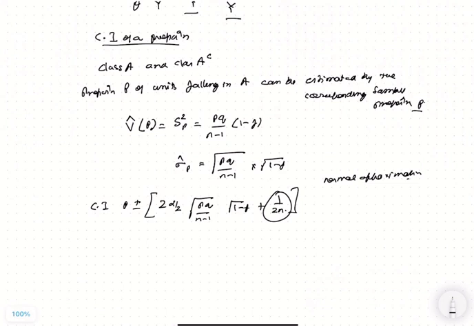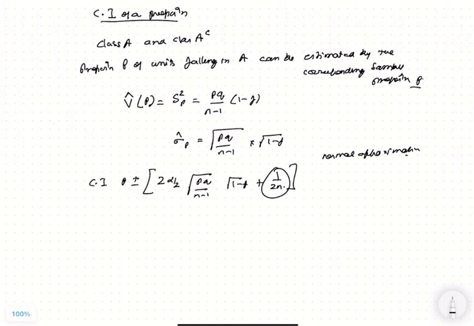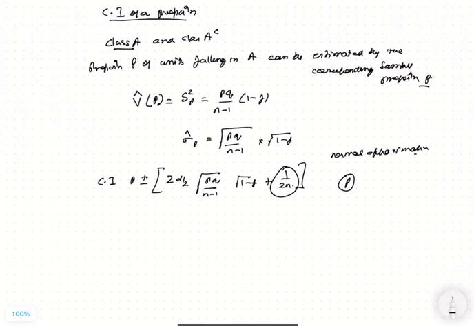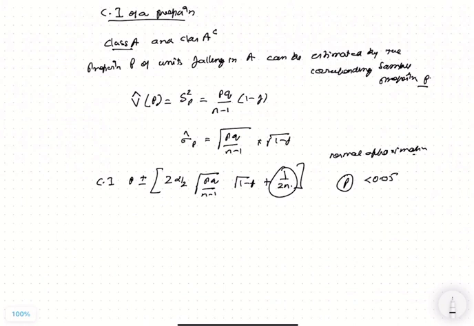And only if p is not very small, that is, the proportion of units falling in class A is not less than 0.05, so it has to be 5% or more, then only can we use this sort of a normal approximation to calculate the confidence interval.